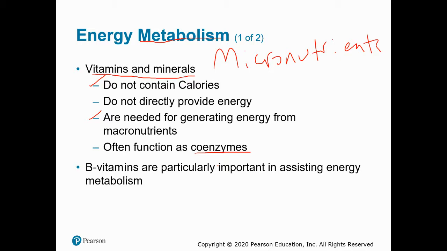So the enzyme only became active when the coenzyme bound to it. And specifically in this lecture, Chapter 8, we're going to see that B vitamins in particular function as coenzymes to support the process of harnessing energy from our macronutrients.